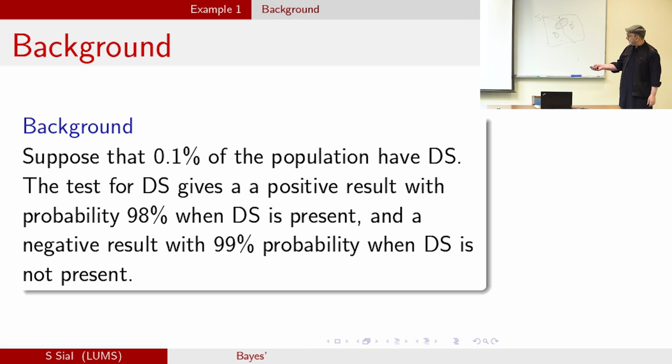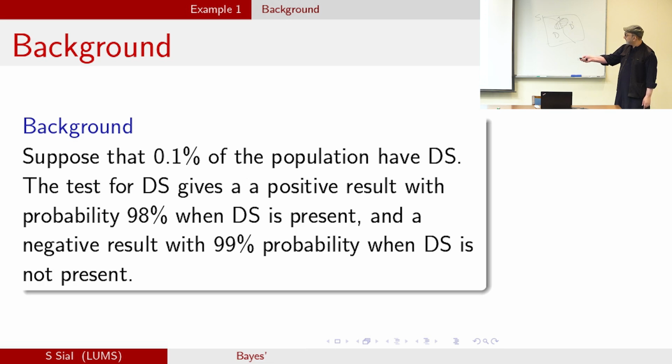Unfortunately, doctors often do this, right? There have been repeated surveys. Doctors have been given this problem, and their estimates are in the high 90% chance of the person having the disease. But 0.1% of the population have the disease, 0.001.